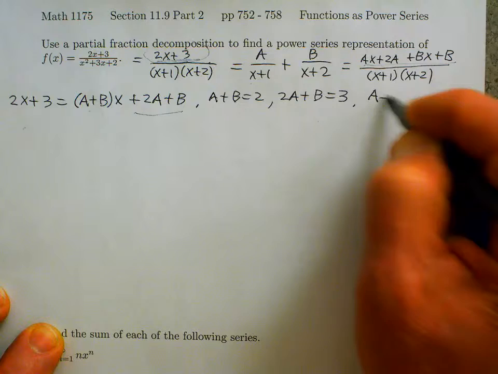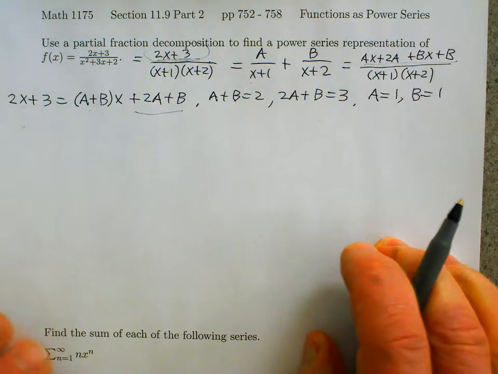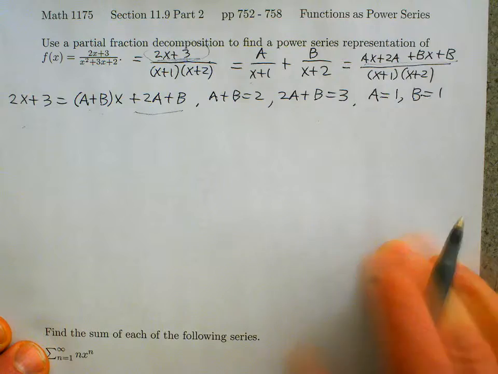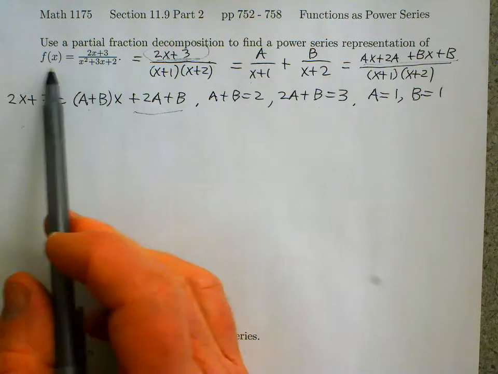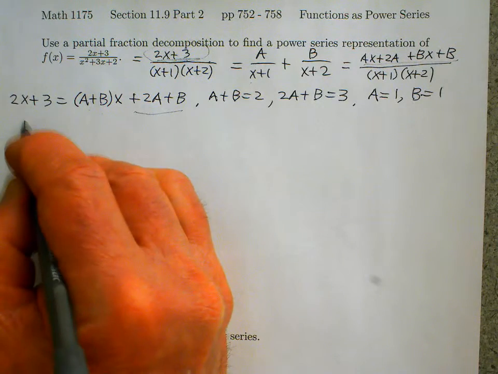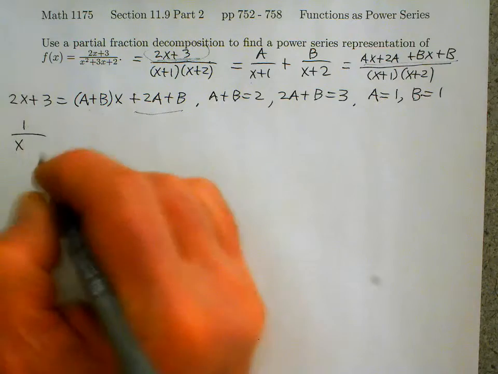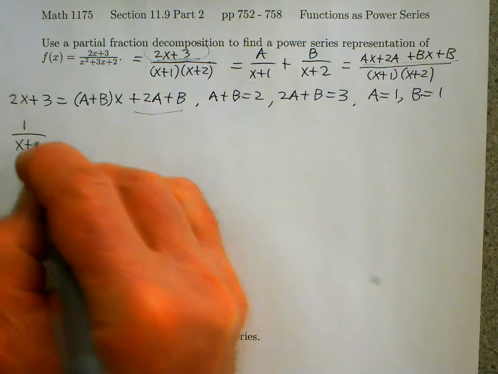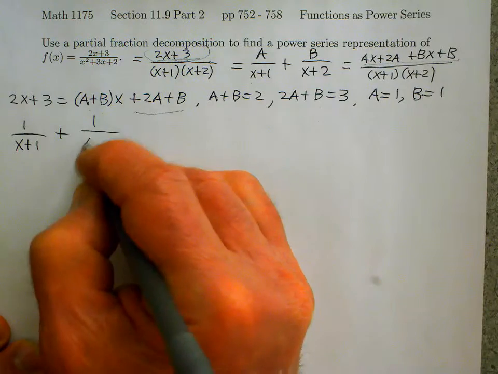So a is 1 and b is also 1. Okay, so a power series representation for f of x is equal to the sum of two power series representations. One is 1 over x plus 1, and the other one 1 over x plus 2.